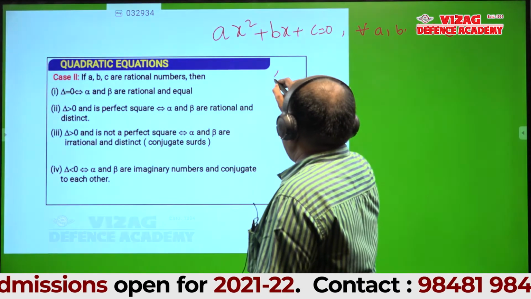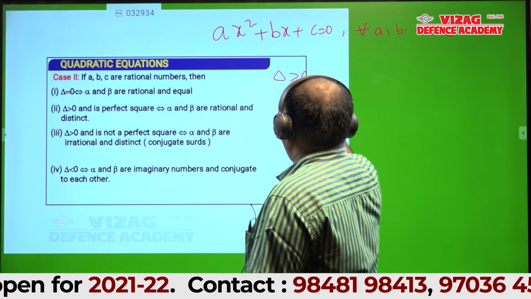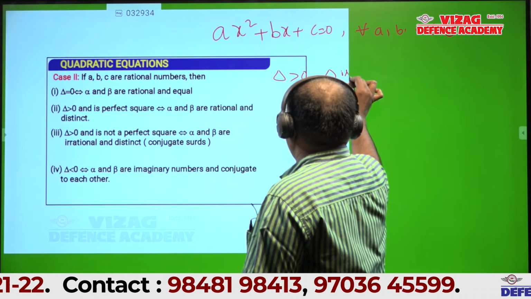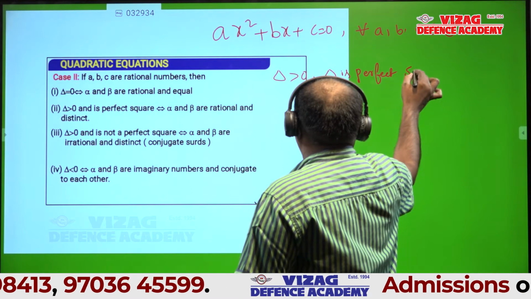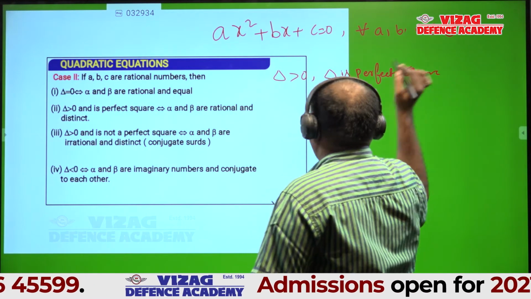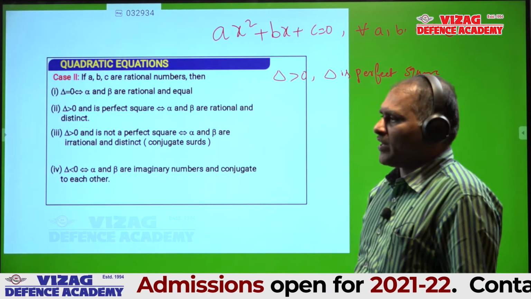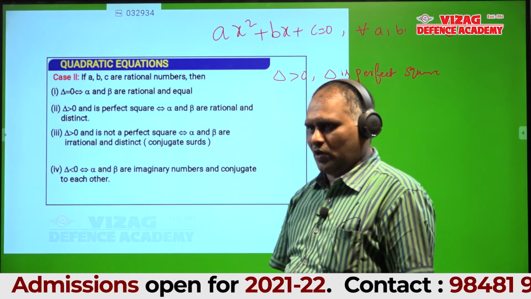Listen, when delta is greater than 0 and delta is a perfect square. What is the meaning of perfect square?